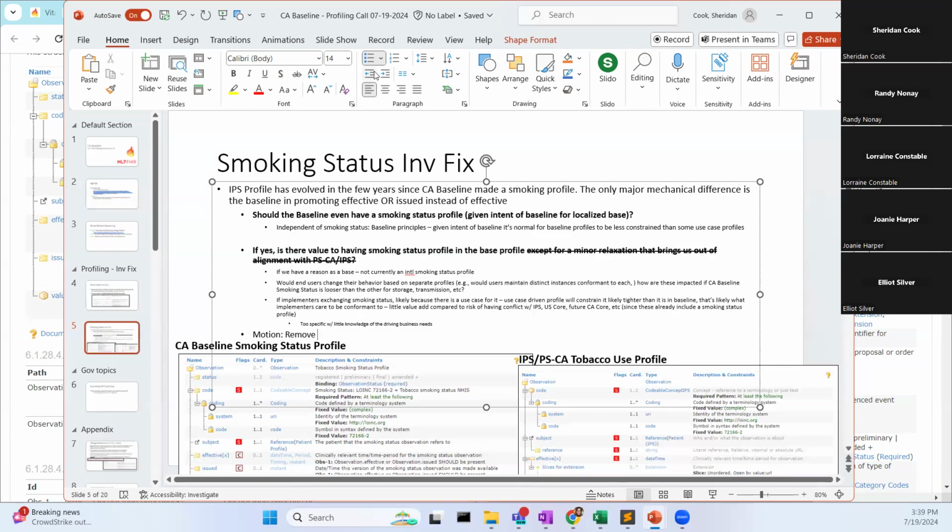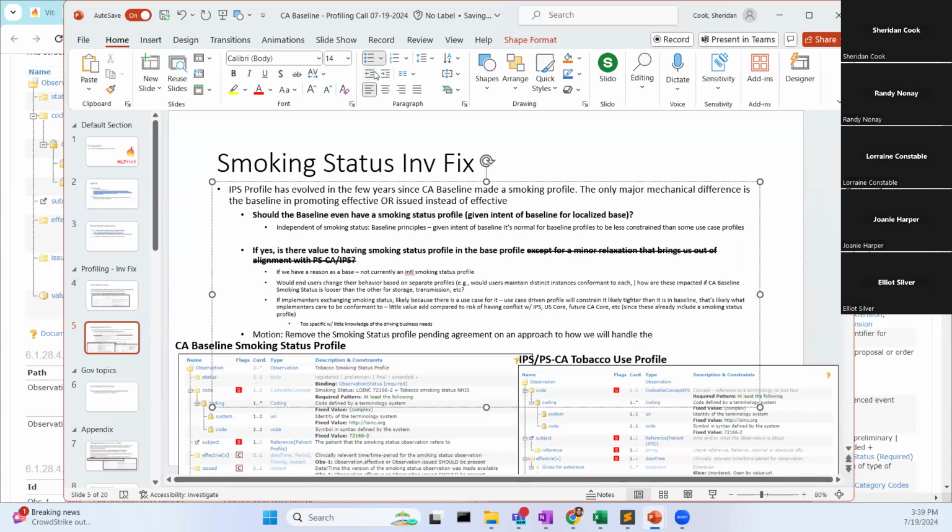Okay, let's do this. I move that we should remove it, pending agreement on an approach to how we will handle removals, these kinds of removals.